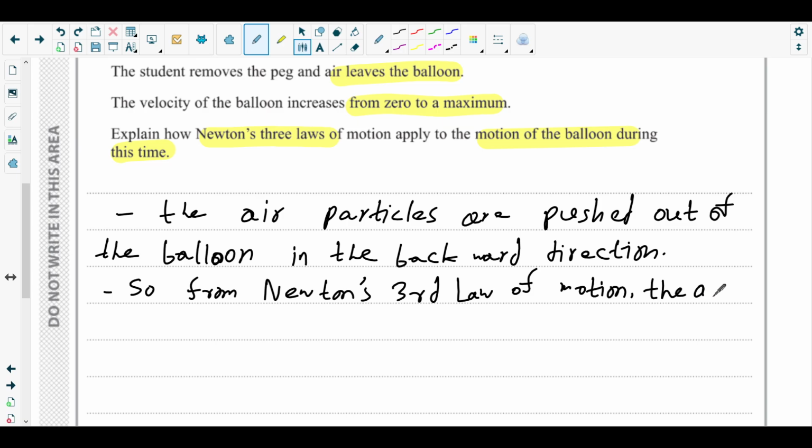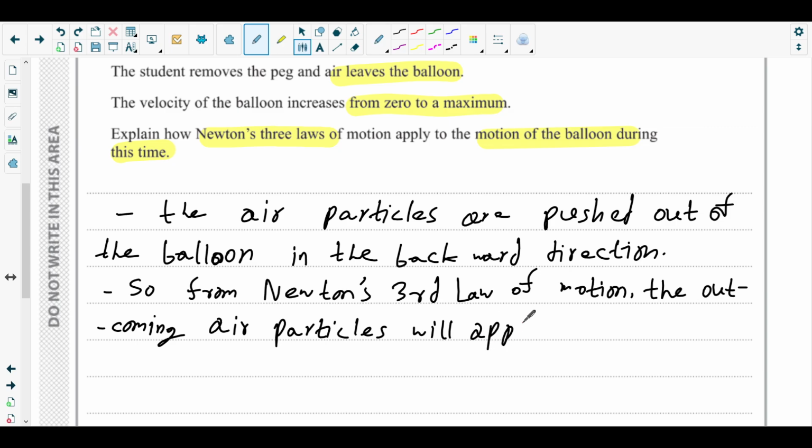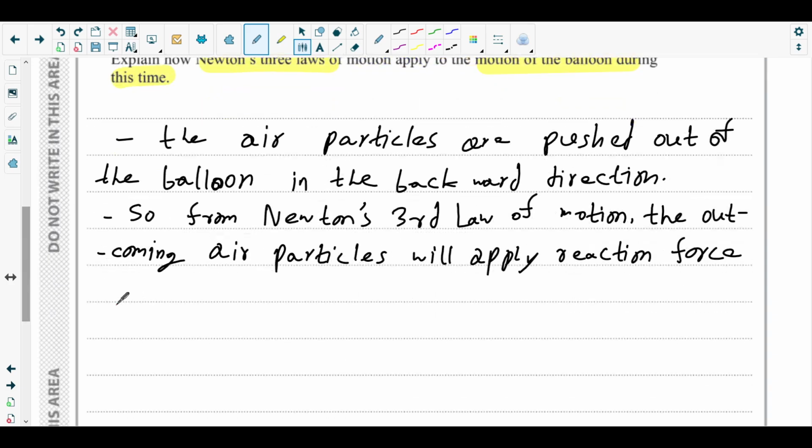The outcoming air particles will apply a reaction force on the balloon towards the forward direction, right?